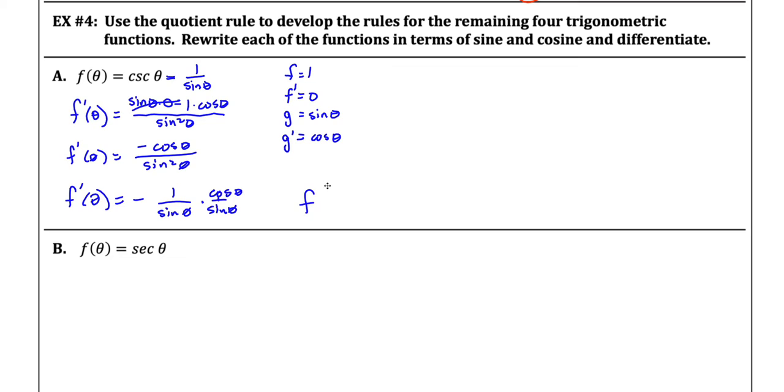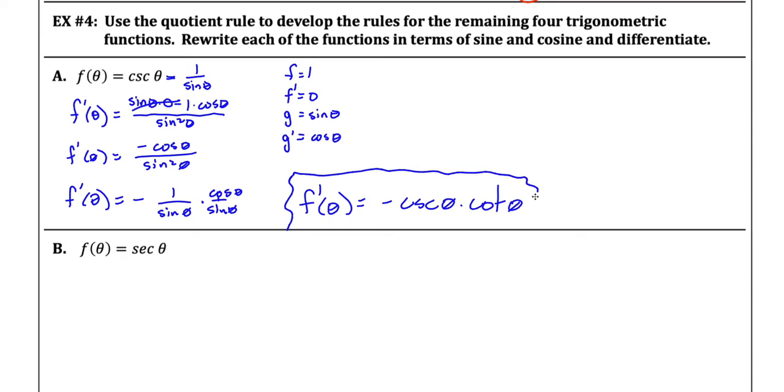So the derivative of cosecant that you are traditionally going to see is negative cosecant theta times cotangent theta, because 1 over sine is cosecant, and cosine over sine is cotangent. Now, I realize right now this feels like I made it harder for no reason. You will see why in a second.